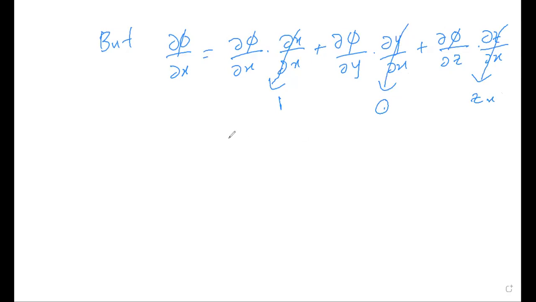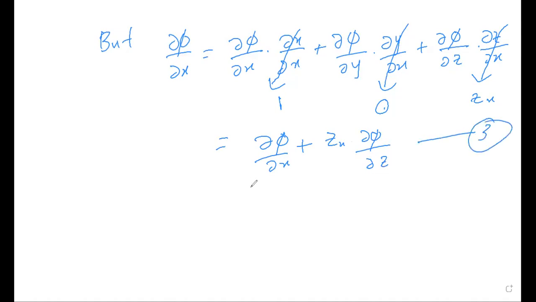So we can simplify this equation as ∂pi/∂x times 1. This term is 0, only this term is there. So I can write z_x ∂pi/∂z. Let's take this as our equation number 3.